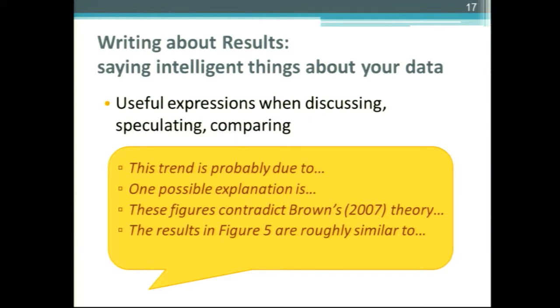You could also compare your results to someone else's results, like, these results are roughly similar to. So just a little battery of words that can be useful. And as I say, you want to appear as an intelligent person commenting on your data there.